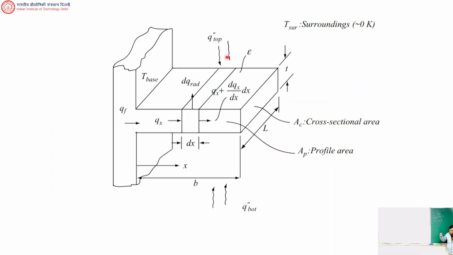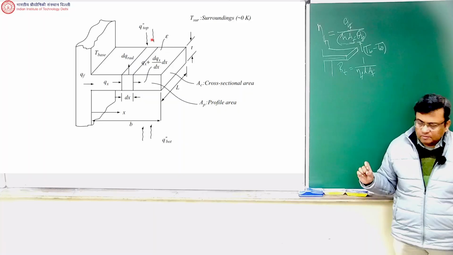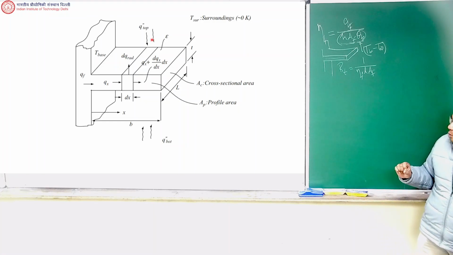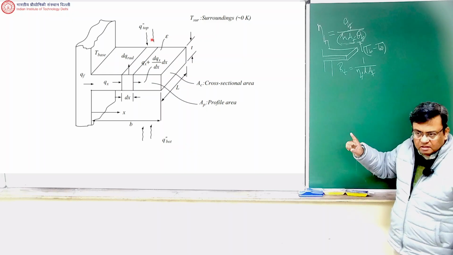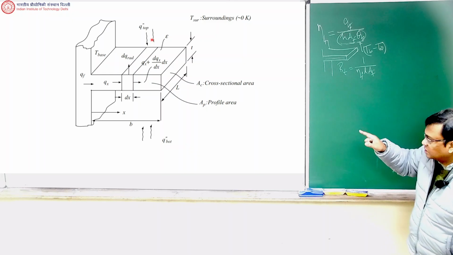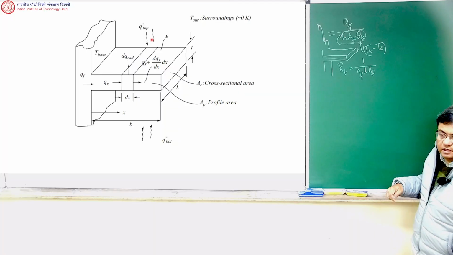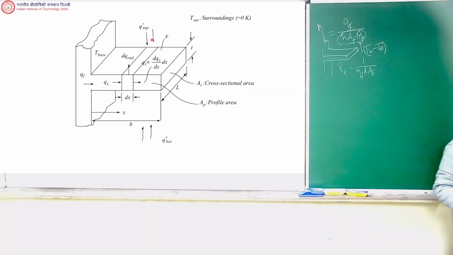As we usually do for a fin energy balance. But there is no dq convection in this case. There is a dq radiation, which is shown in the figure. So there is some heat which is going in, some heat which is going out, but there is a dq radiation also. In addition, there is q double prime top and q double prime bottom.